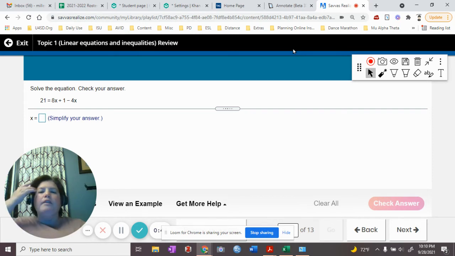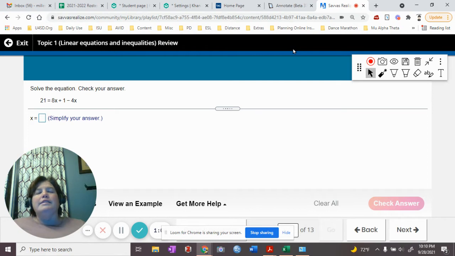Since this test was about solving equations and inequalities, I want to remind you that it's not about the answer. Yes, the answer is part of it, but really, what we want to see is the work that goes into getting the answer.